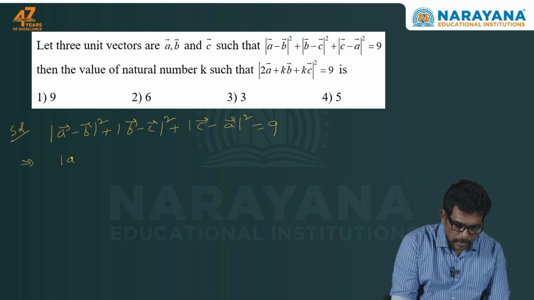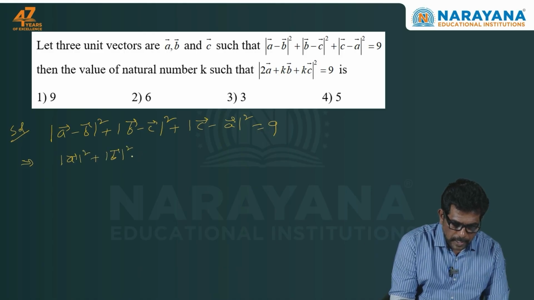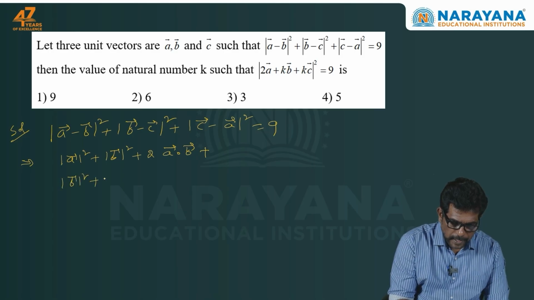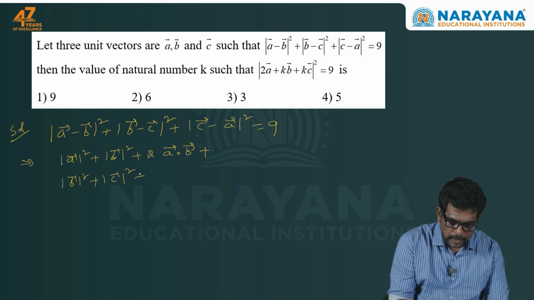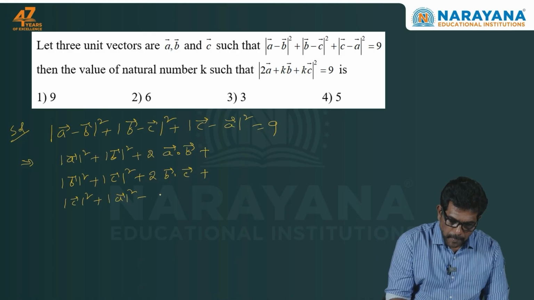Applying that formula: mod a bar square plus mod b bar square minus 2 times a bar dot b bar, plus similarly mod b bar square plus mod c bar square minus 2 times b bar dot c bar, plus mod c bar square plus mod a bar square minus 2 times c bar dot a bar is equal to 9.